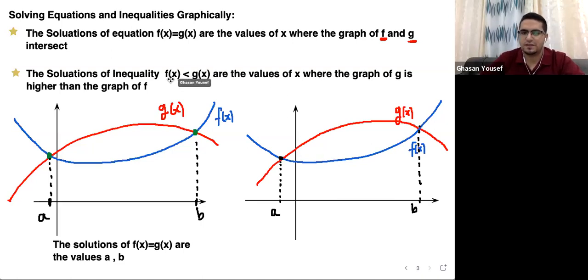When g of x is greater than f of x means when the red one is above the blue one.